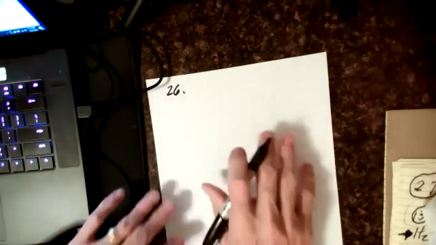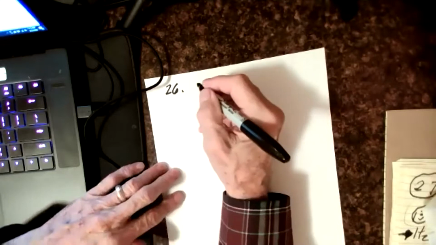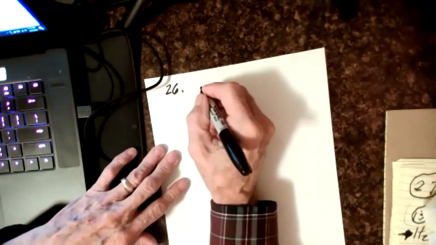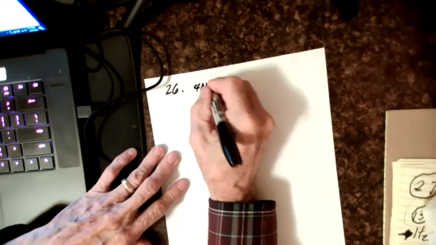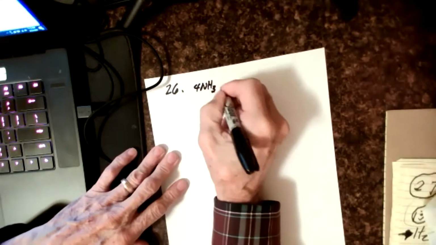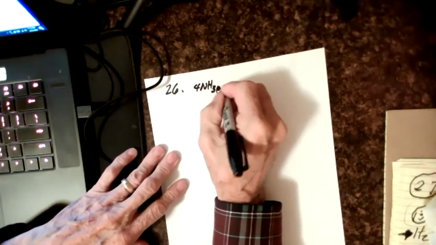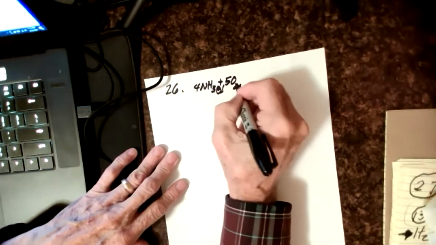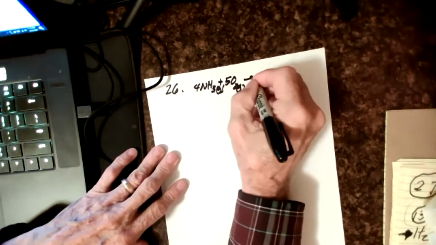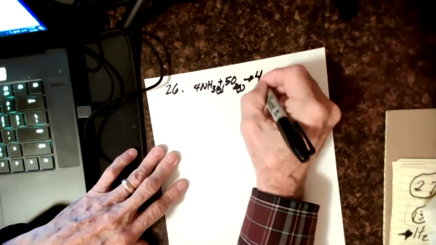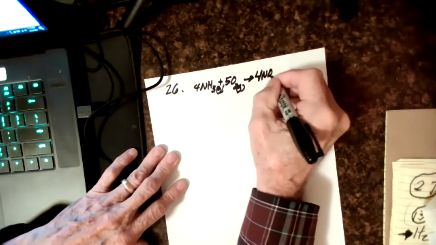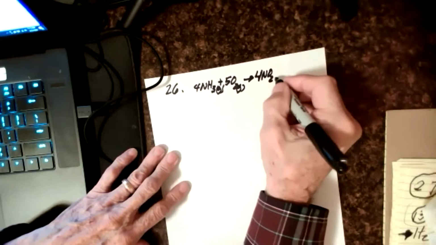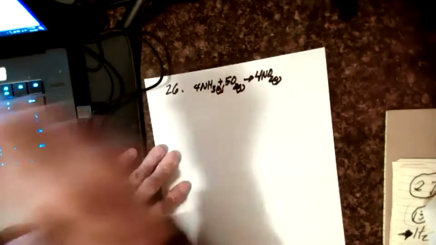Okay, so now we're given this reaction, and it's 4NH3, and it is gaseous, and 5O2 gaseous goes to 4NO2, and it's gaseous. Uh-oh, watch out.